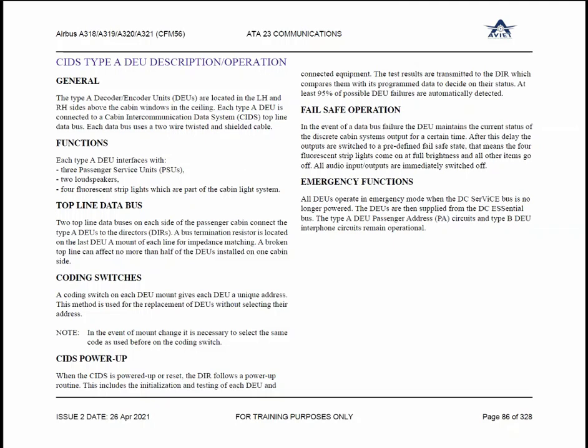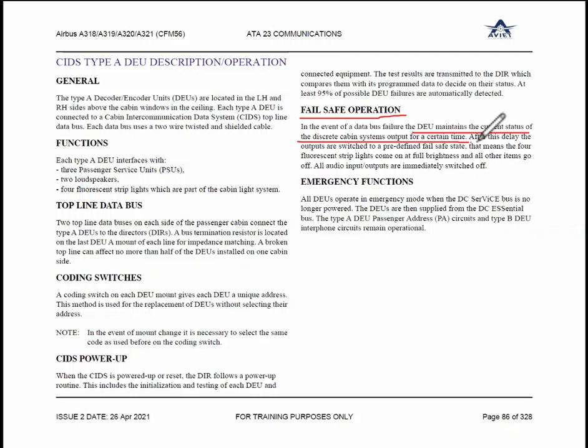Fail-safe operation: in case a particular DUA fails, not a power supply failure, but a particular DUA has failed, what will be the operation in this DU failure condition? They will maintain the status for some time, whatever status they have at that time.